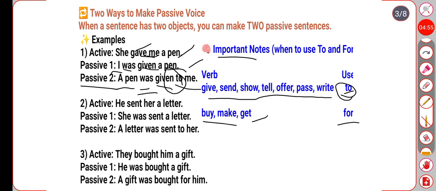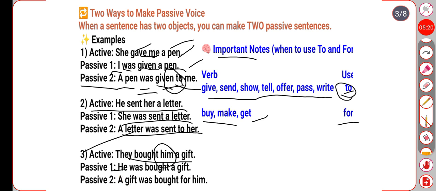If you want to convert with the direct object, here you have to adjust the verb like this. Same like this. Now all the sentences you can see here, and the third active sentence, they bought him a gift. This him will become what? He.